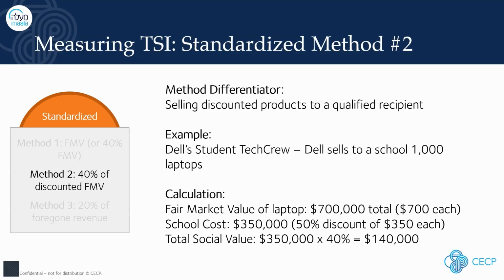The school pays $350,000, which is a 50% discount, so $350 per laptop. In that case, the total social value will be $350,000 in school costs times that 40%, so $140,000.